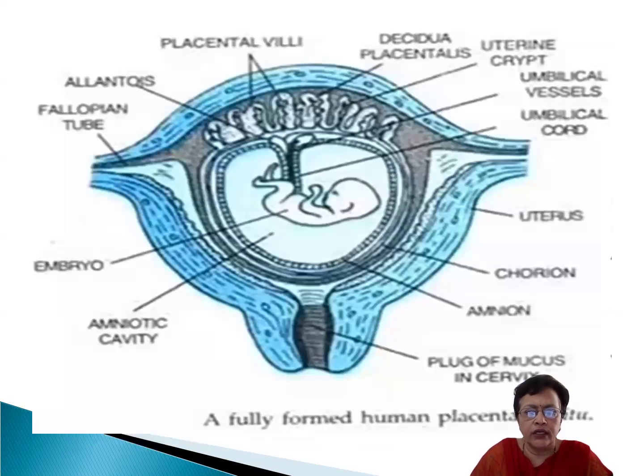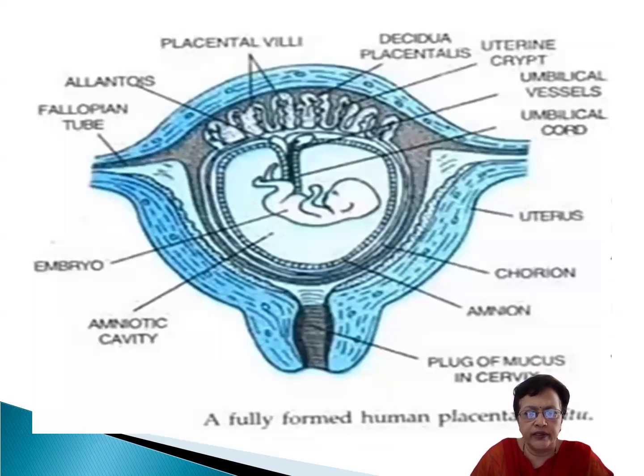These are the chorionic villi. This is the embryo. This entire part is amnion, and a smaller portion of the allantois is also making finger-like connections with the chorionic part. And this is the uterine endometrial wall.